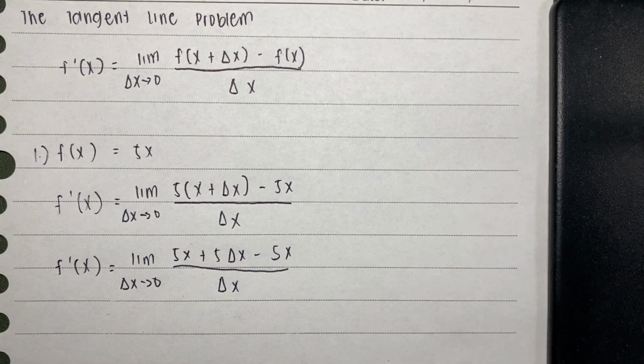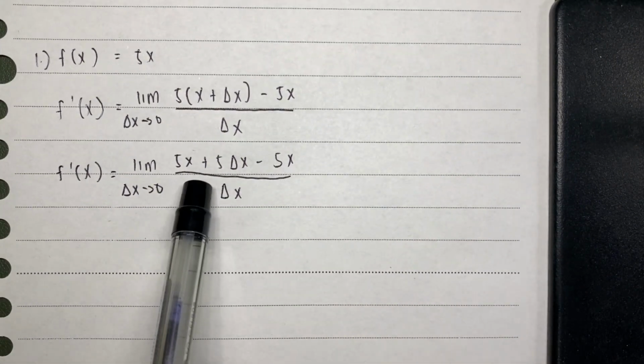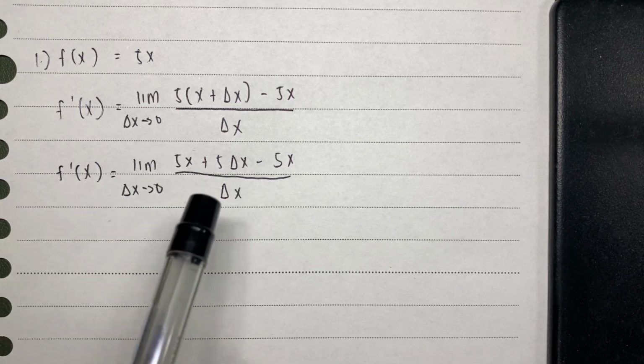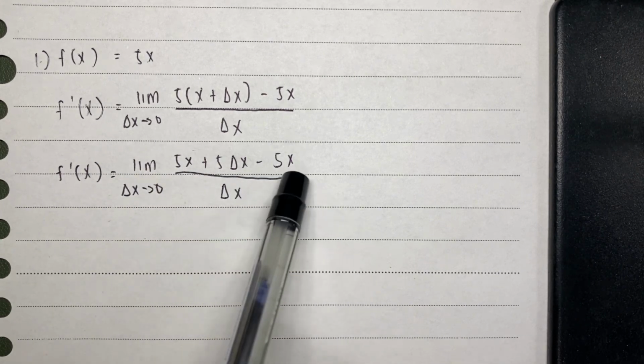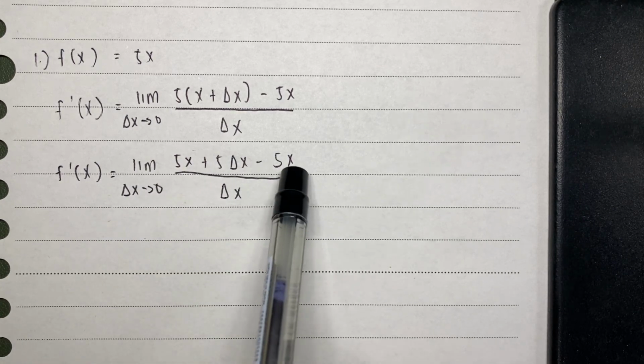Now we can see that in the numerator, 5x and negative 5x cancel each other out because 5x minus 5x is just 0.